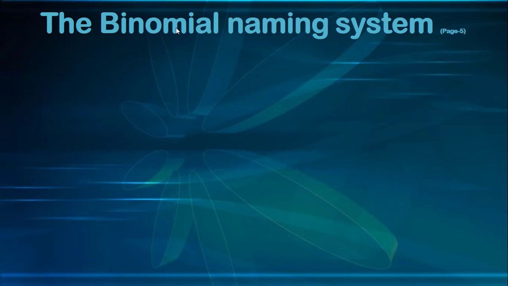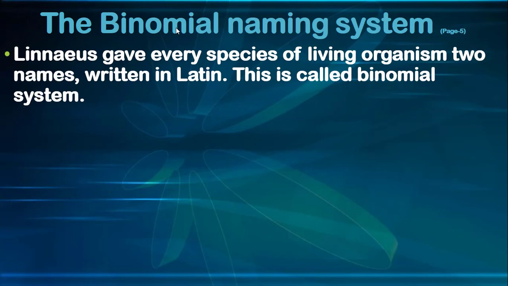Linnaeus gave every species of living organism two names written in Latin. This is called the binomial system. The name of each living organism is the combination of its genus name and its species name.